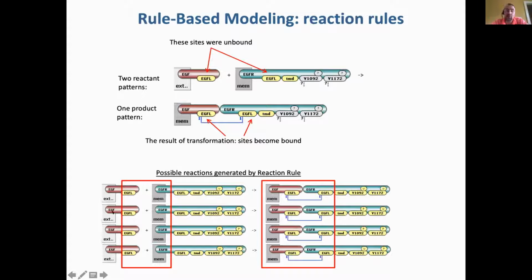And then the software will, behind the scenes, understand that if I have a ligand, and one type of receptor, another type of receptor, a third type of receptor, but they all have the same features, they are all located on the membrane, and they all have this site unbound, then I can bind the ligand to the receptor and form a complex.